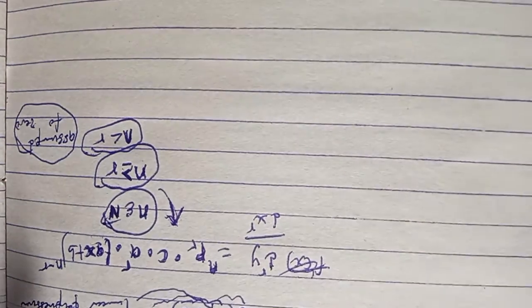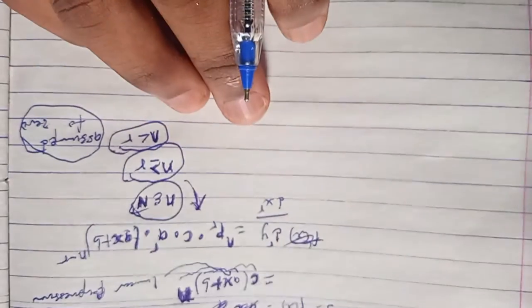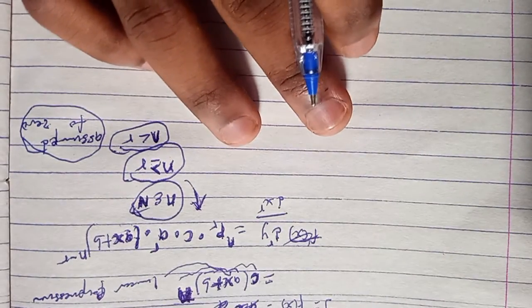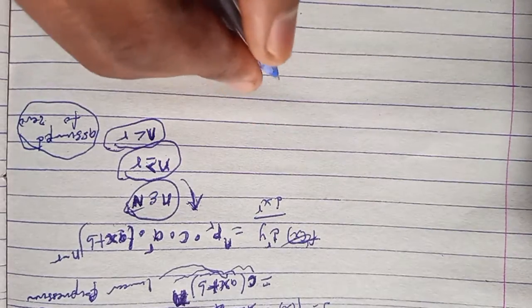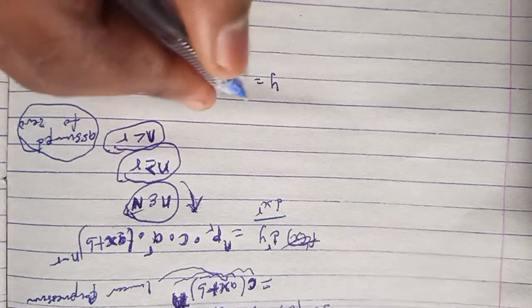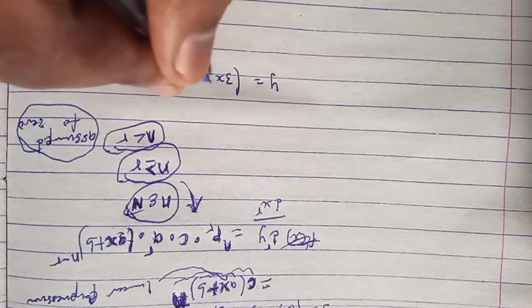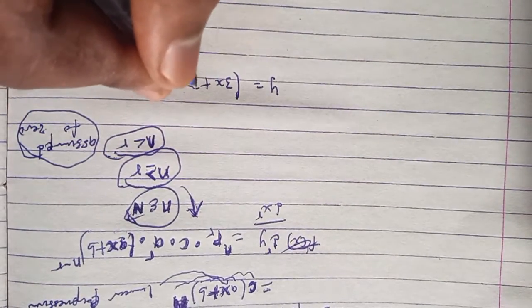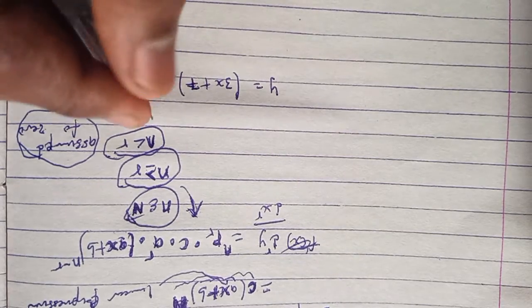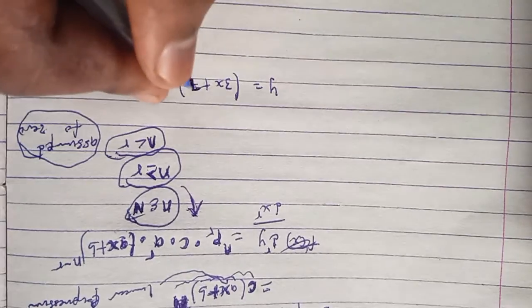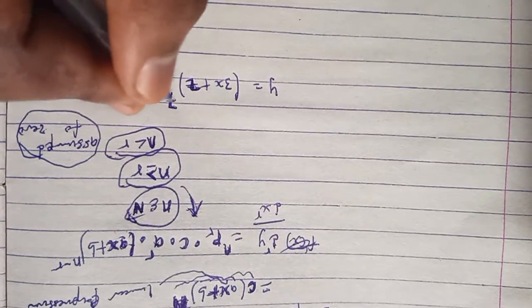So now, let's move on. We have y is equal to (3x + 2) all power 7.